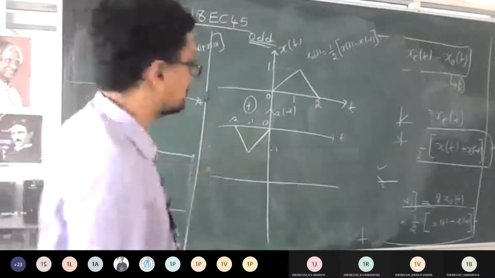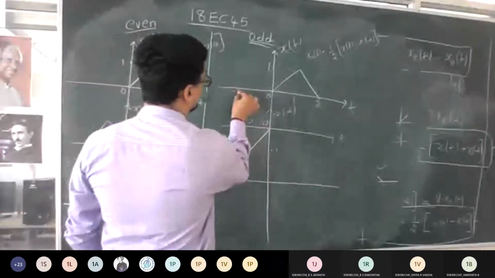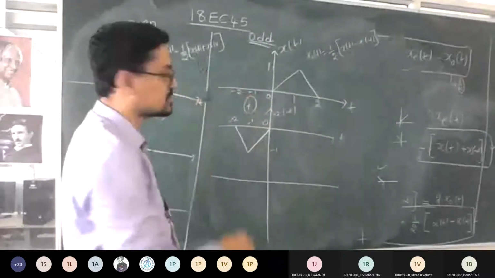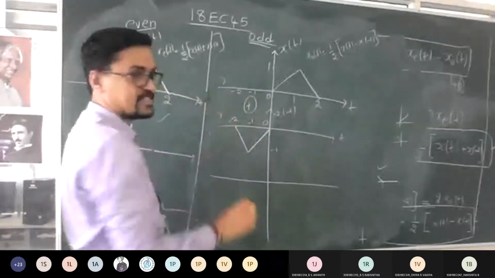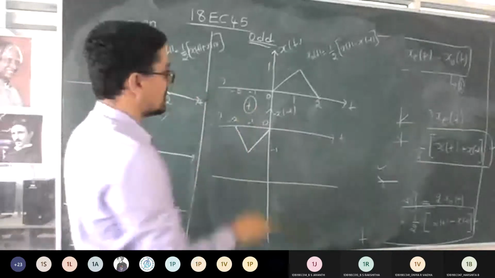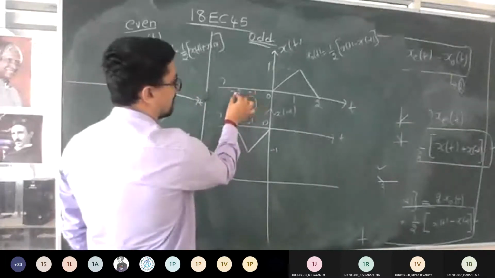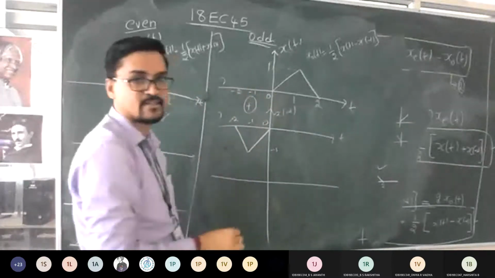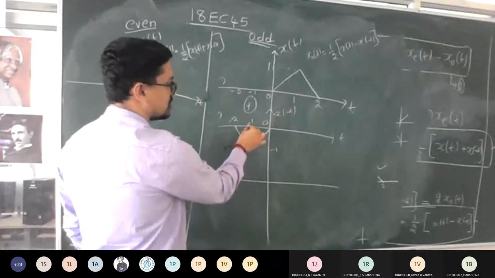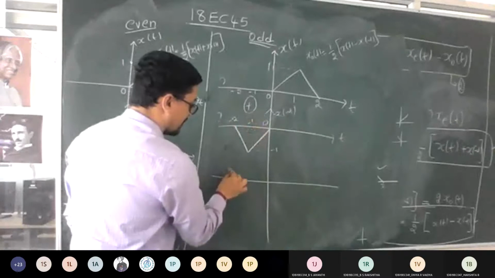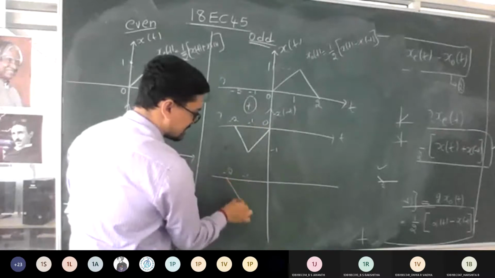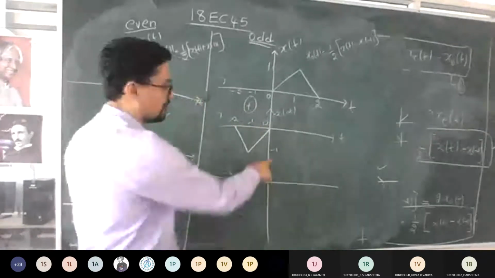Okay. So now let me tell you with respect to intervals. From minus infinity to minus 2, nothing is there. I am least bothered. I should worry about minus 2 to minus 1. Here, minus 2 to minus 1, the signal is there downside with amplitude of minus 1.